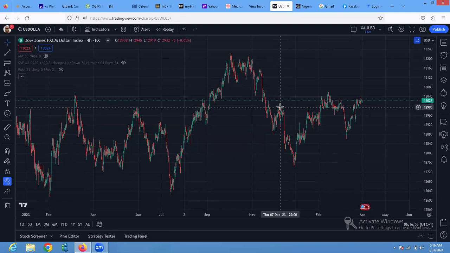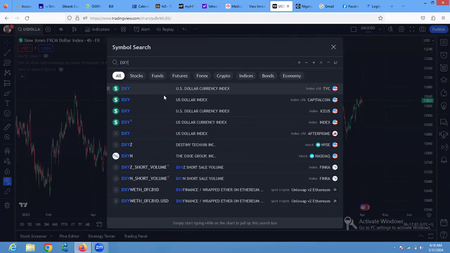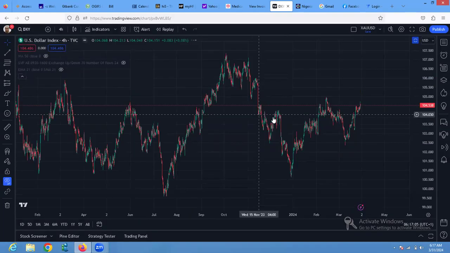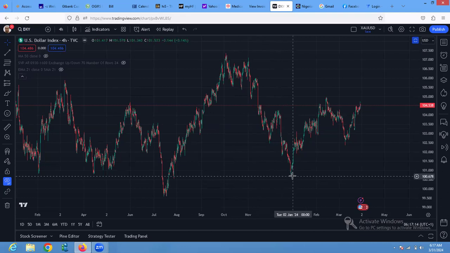It did not. And this is correct for a wave A or a wave 1 for us to continue to the downside. If you look at DXY, it is the same. So a 1, a 2, and a 3, and this is a 4 and a 5. It looks the same for DXY.